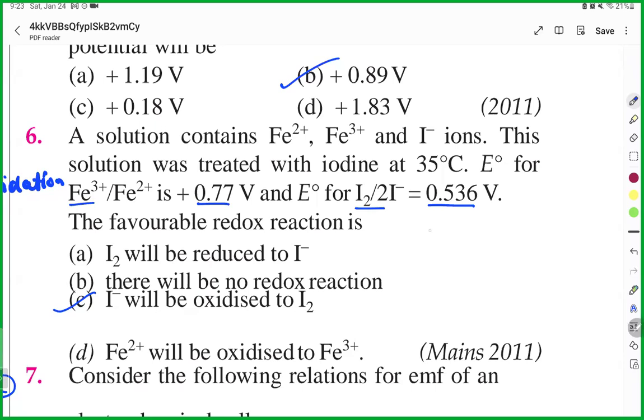So Fe3 will undergo reduction while iodine will undergo oxidation. If iodine undergoes oxidation, what will happen? I negative will convert into I2. This is oxidation from minus 1 to 0. So the answer will be I negative will be oxidized to I2. Anybody have a question?